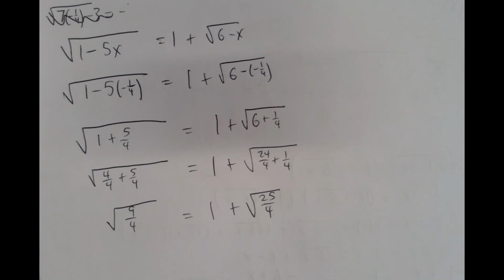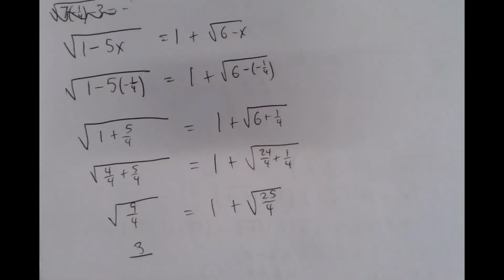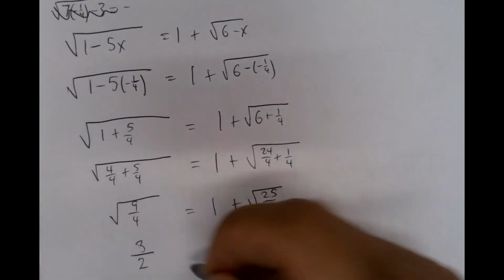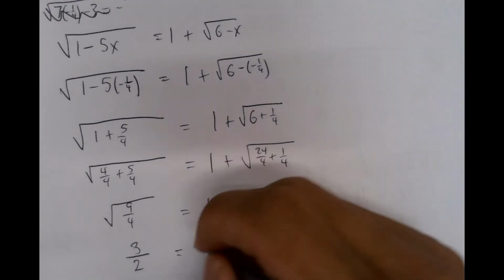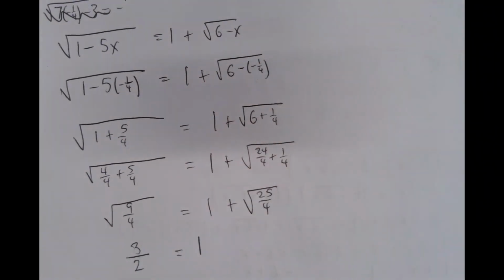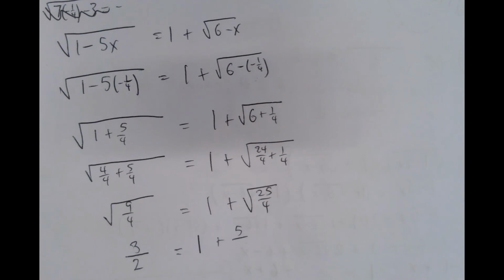The square root of 9, I think most of you know, is just 3. And then the square root of 4 is just 2. Same thing for the right-hand side. It looks really complicated while there's a fraction, but the square root of 25 is just 5. And then the square root of 4 is just 2.